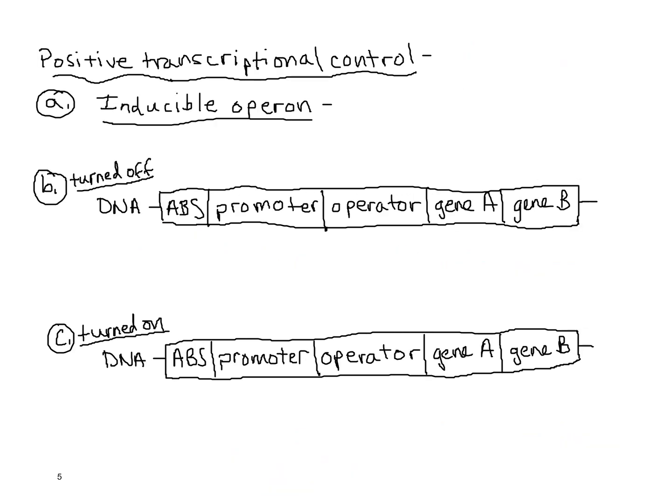And then our last scenario is using positive transcriptional control to turn an inducible operon on and off. So again, we're going to be using an activator protein. That'll be our regulatory protein to turn this operon on and off. But now we're going to be working with our inducible operon.